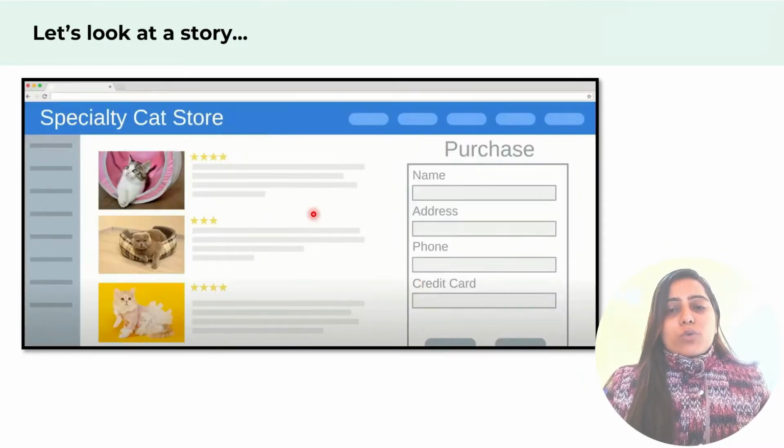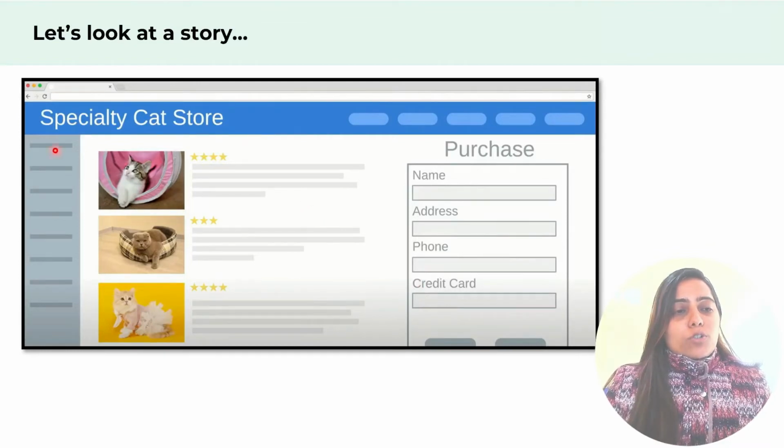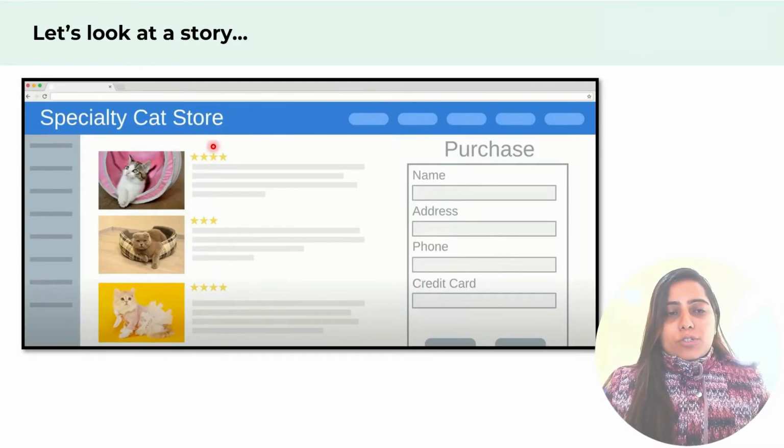So let's look at a story. Suppose you own a specialty cat store and you have designed a website for that, and also this kind of an interface for purchase of cats and cat related stuff like its costumes, its biscuits and all.